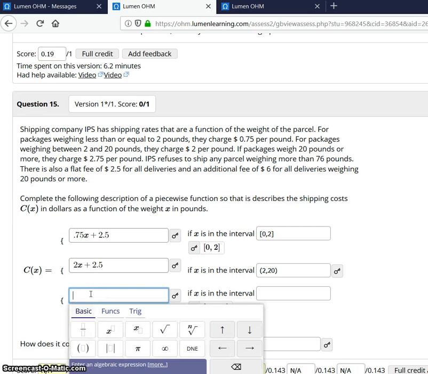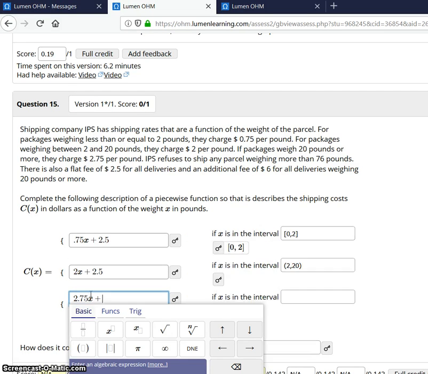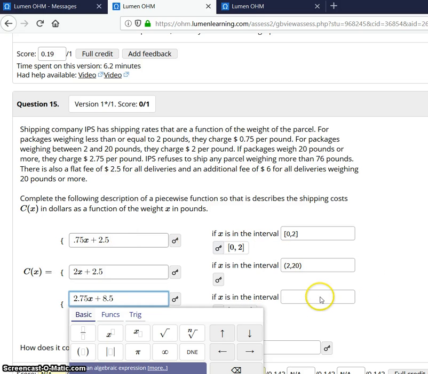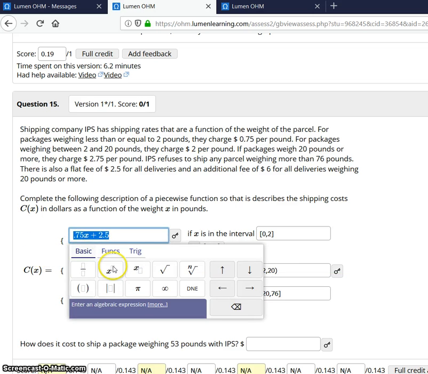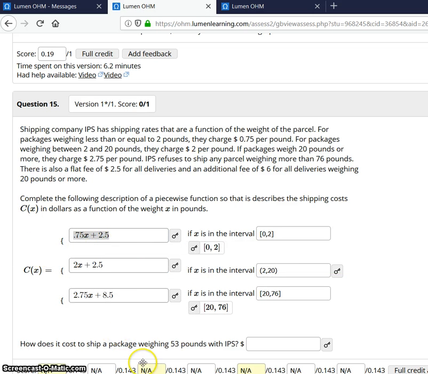So that means it's going to be $2.75 per pound plus $2.50 plus 6, which would be $8.50. And we already checked that part, 20 to 76. Okay, so that's what that one would look like. So you put your domain pieces over here, the between 0 and 2 pounds, between 2 and 20 pounds, and then you put your formula over here on the left-hand side. Hope that helps.